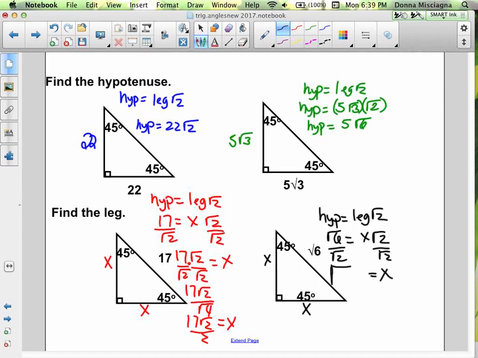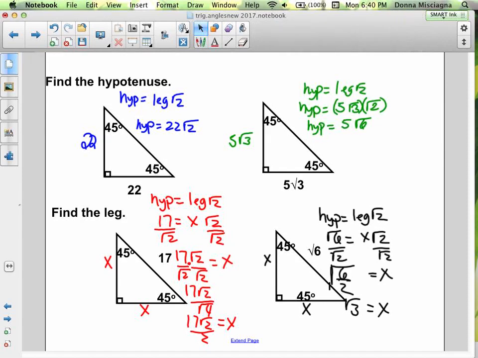And the quotient of radicals is the same as the radical of a quotient. So this is actually the same as the square root of 6 divided by 2. It's exactly the same. You can combine products and quotients when you're working with radicals. And so now this is just the square root of 3 is equal to x. And that's it. We're done.